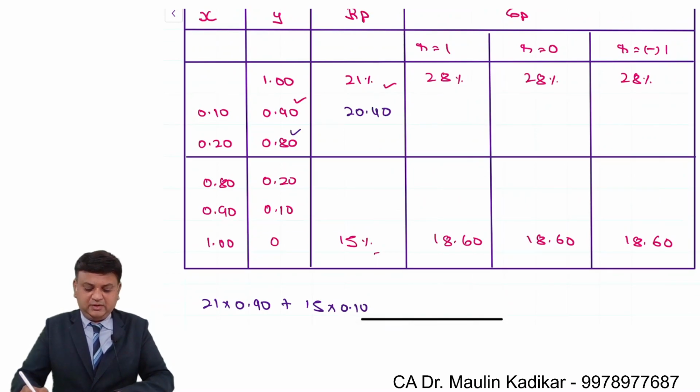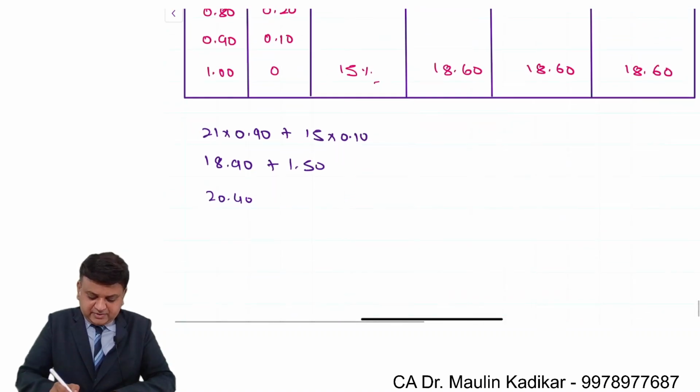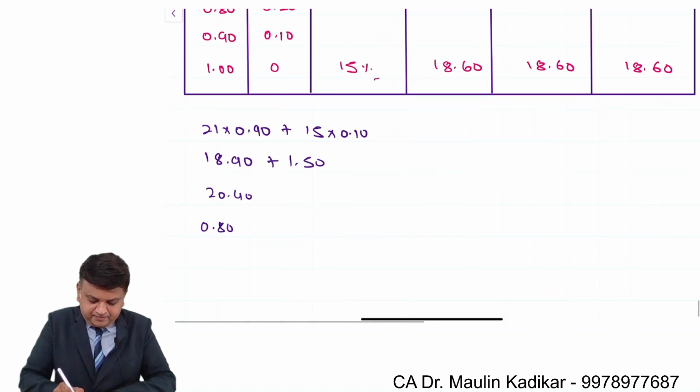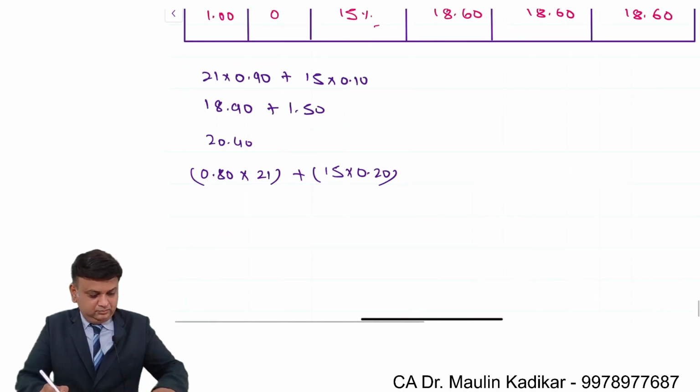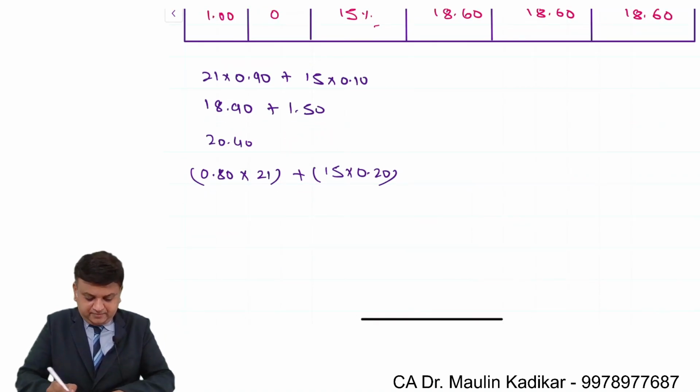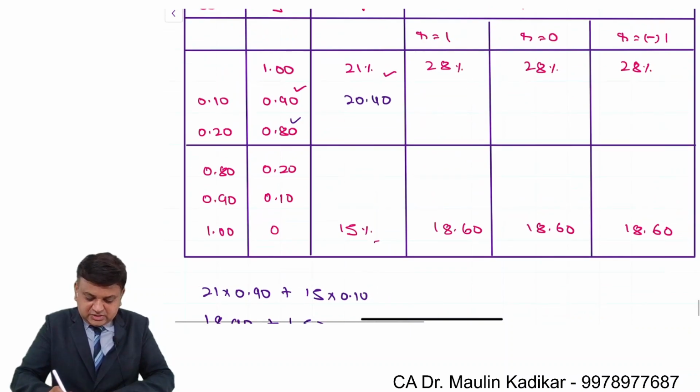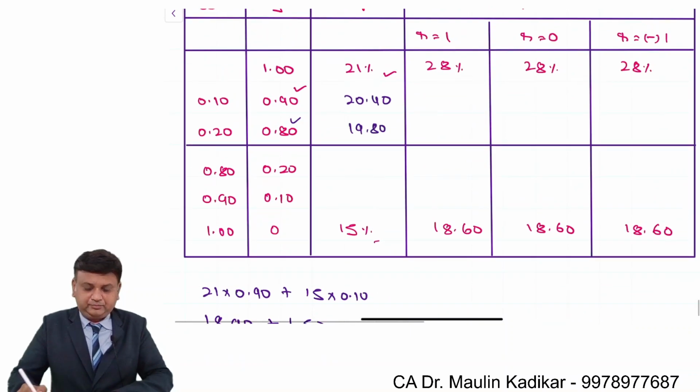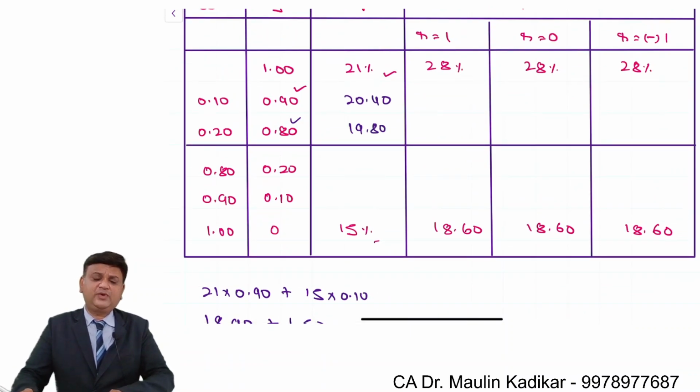For this, say 80% investment is made in Y, which has a return of 21%, and 15% into 0.2. So 0.8 into 21 is 16.8 plus 3 comes to 19.8. So this is 19.8. In a way, friends, what will happen?